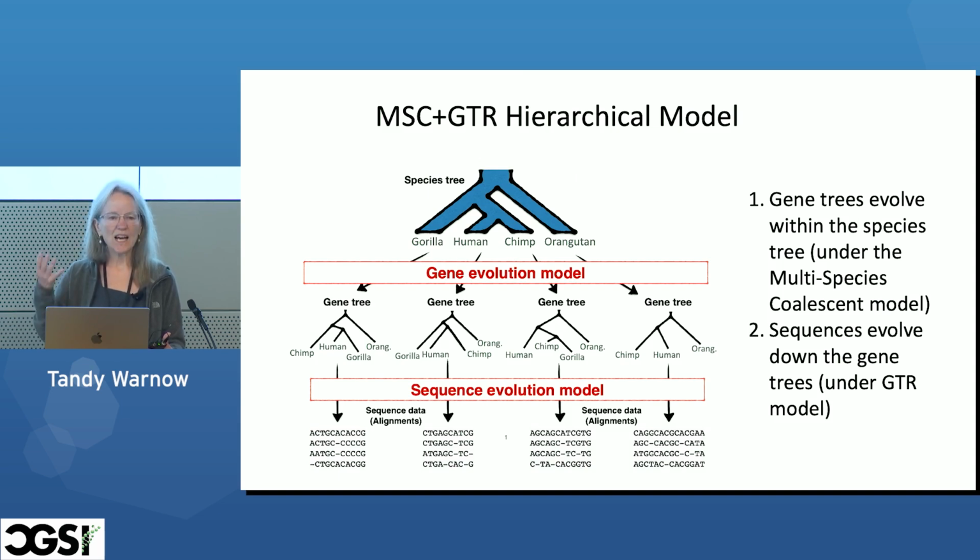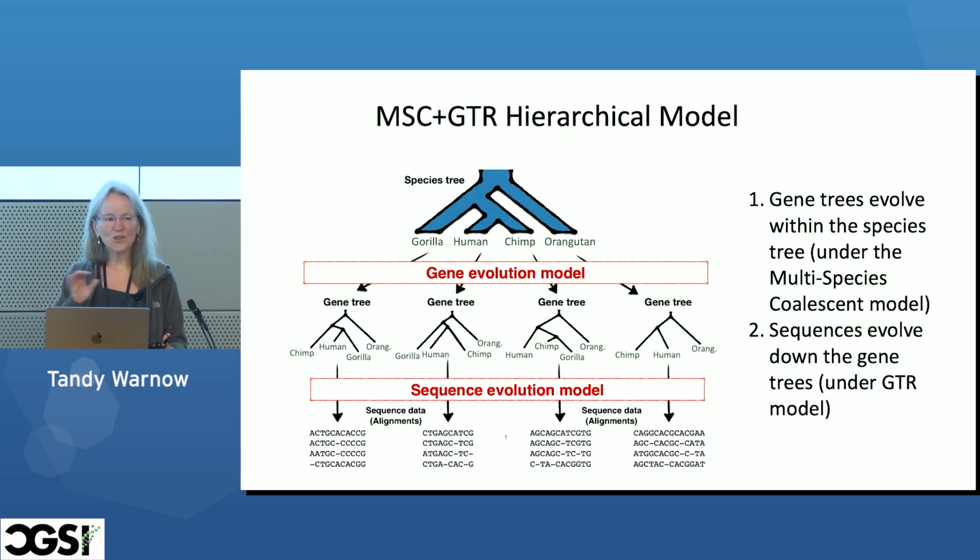And imagine you have a species tree, and you evolve genes within the species tree. Now you have different gene trees. Now these gene trees evolve sequences, and you get sequences. And now if you have the alignments of the sequences, this is what you have as your input, and you want to get the tree that generated the data.